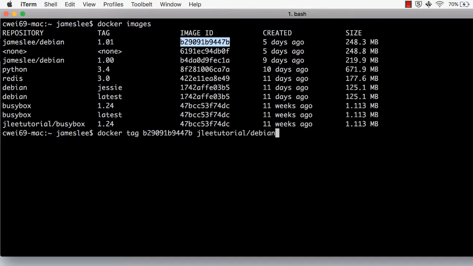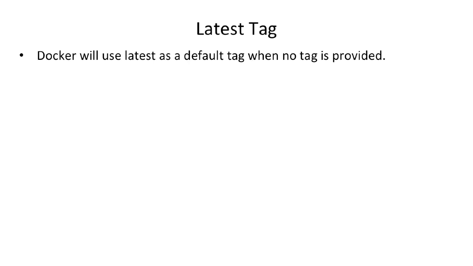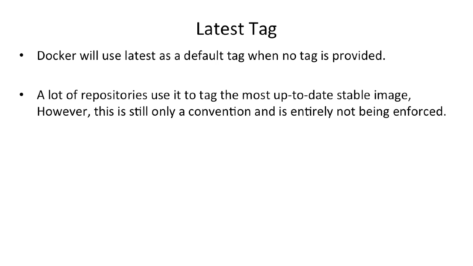But try not to use the latest tag unless you have to. Let me explain why. Docker will use latest as a default tag when no tag is provided. But beyond that, the latest tag has no special meaning. A lot of repositories use it to tag the most up-to-date stable image.